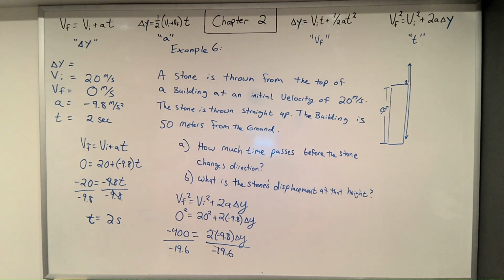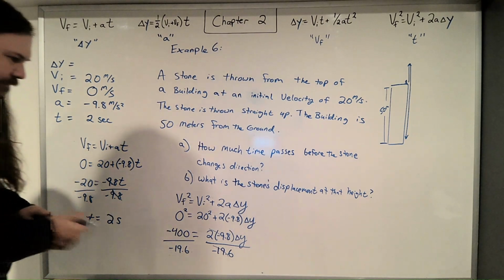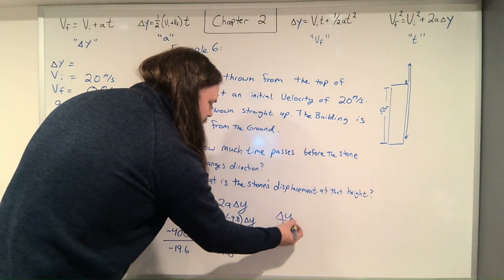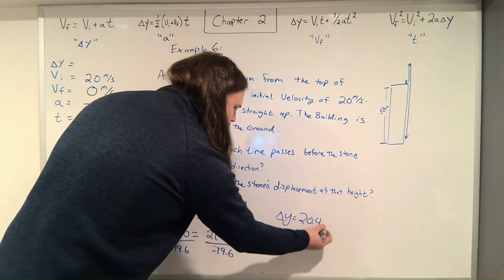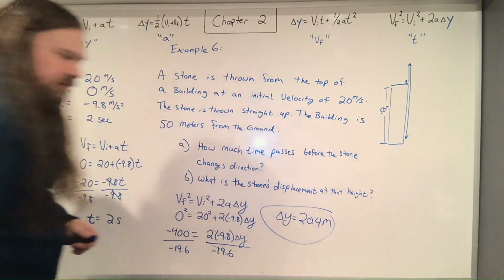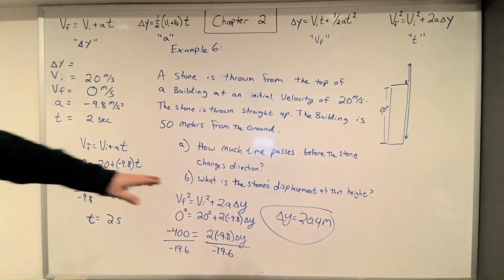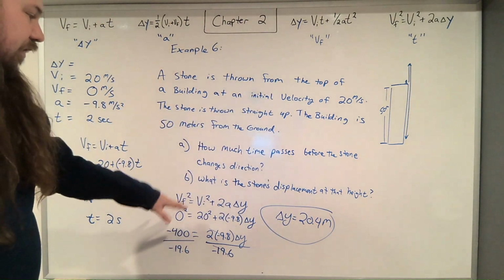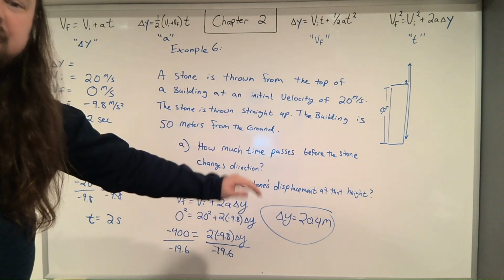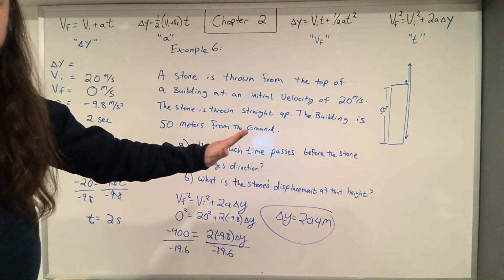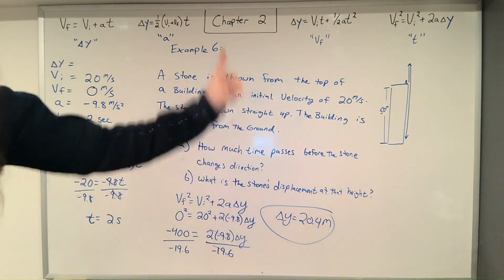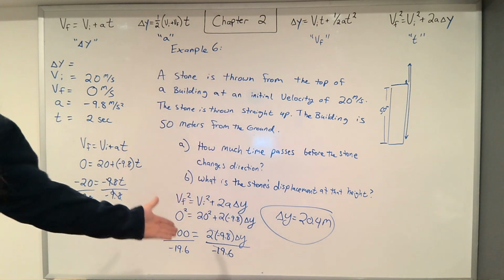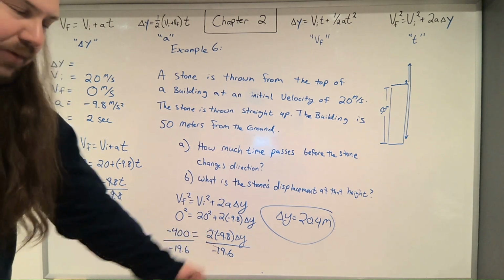What do we get? 20.4 meters. That's our displacement. Remember, it has nothing to do with the height of the building. Our displacement is the initial and the final points, final minus initial. Where's the final? The final is above the initial, so our delta y is positive, 20.4 meters.